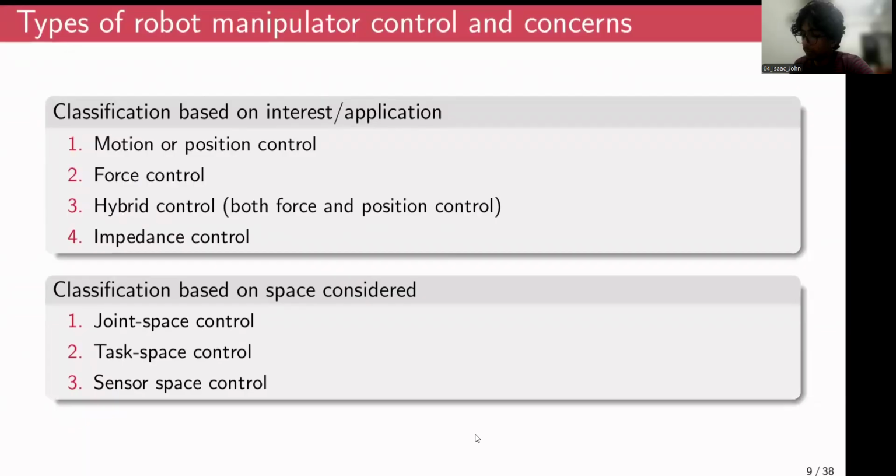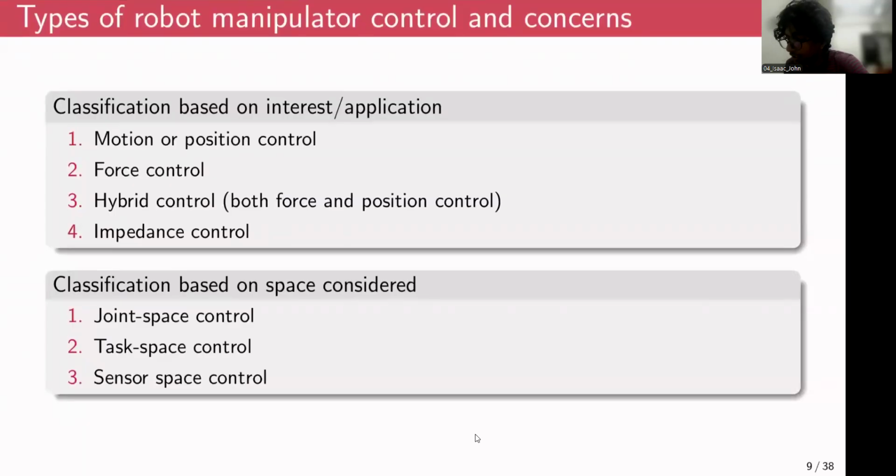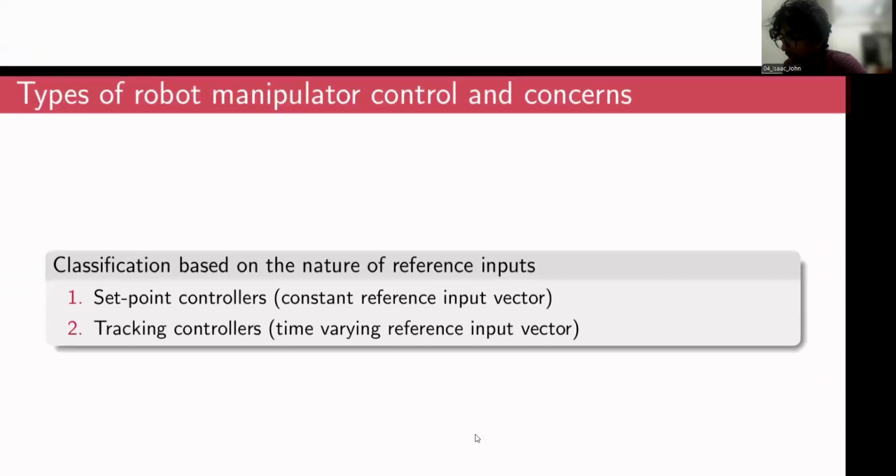And then another classification would be based on the space considered: whether we want control over joint space, over task space, or in actuator or sensor space. Those are various aspects of classification.